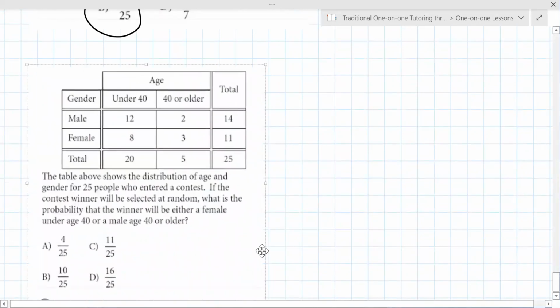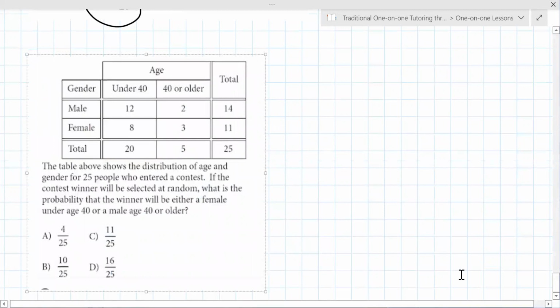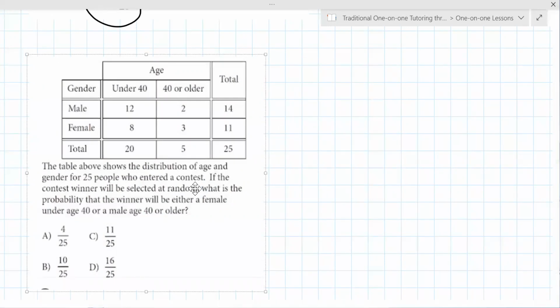All right, here we go. You see that okay? Is that clear? All right. The table above shows the distribution of age and gender for 25 people who entered a contest. If the contest winner will be selected at random, what is the probability that the winner will be either a female under age 40, or a male age 40 or older?